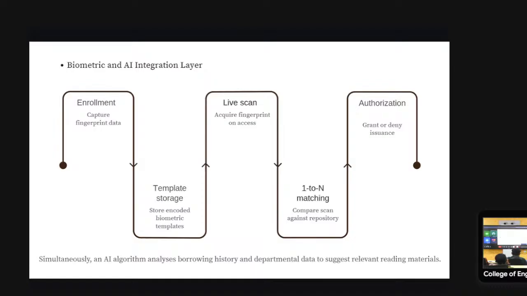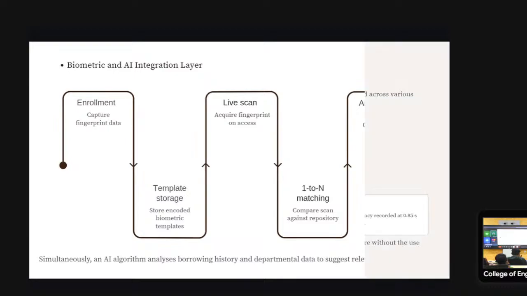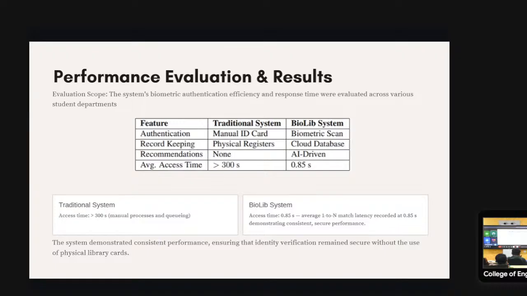We also use an AI algorithm to analyze the browsing history and the departmental data to suggest relevant reading materials. Even though it is a work in progress, since we have referred to different papers, we were able to find some results which are guaranteed. That is, our system will replace the manual ID cards, and we use a cloud database instead of physical registers.